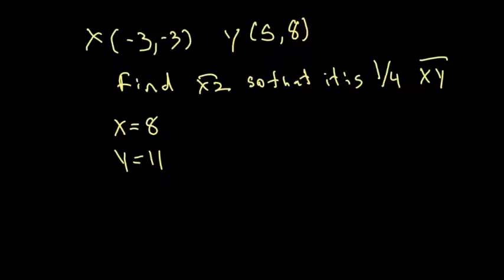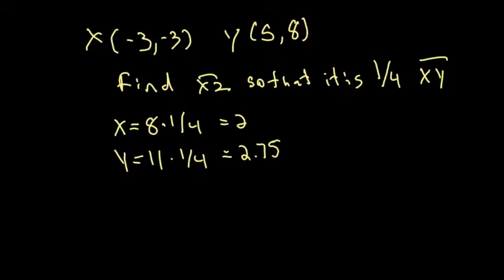So those are our distances. We want to find 1/4 of that. So 8 times 1/4 would be 8 times 1 is 8, divided by 4 is 2. 3 times 1 is 3, divided by 4 is 3/4, which works out as a decimal to be 0.75.